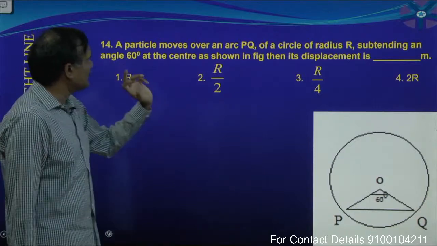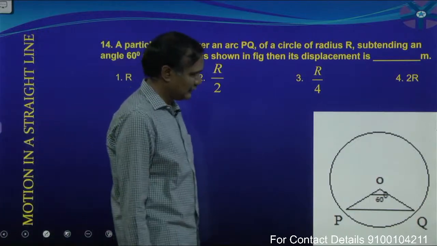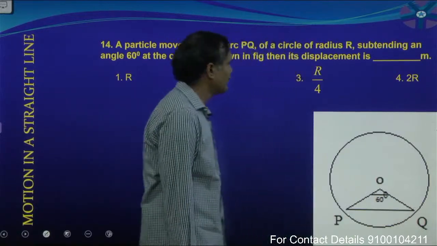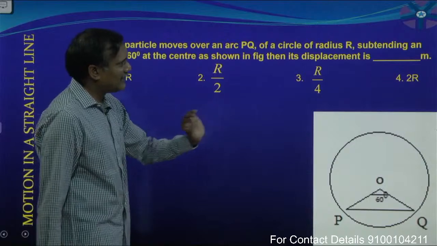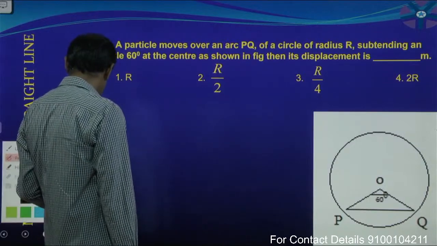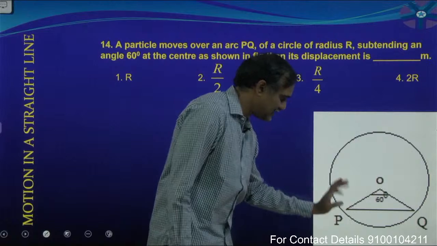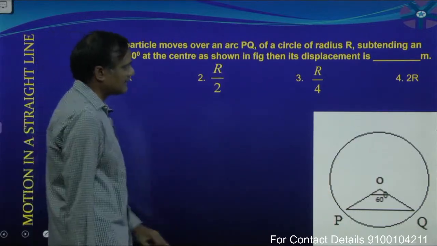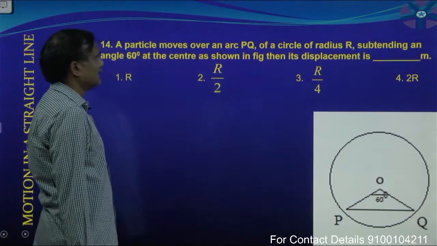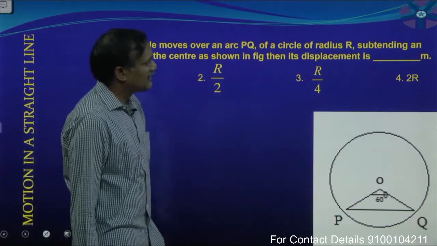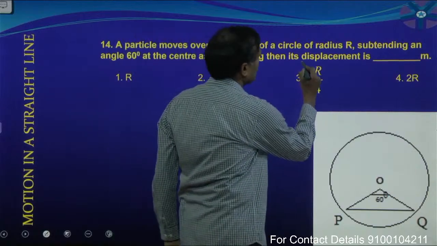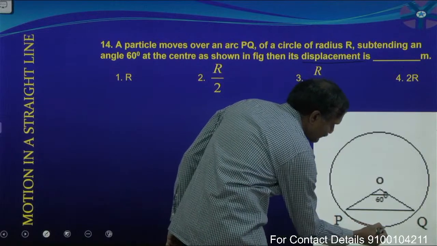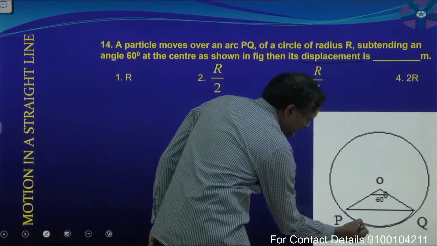Now, a particle moves over an arc PQ of a circle of radius capital R, subtending an angle 60 degrees at the center as shown in the figure. Then we are going to find its displacement. Here the particle travels from P to Q only.